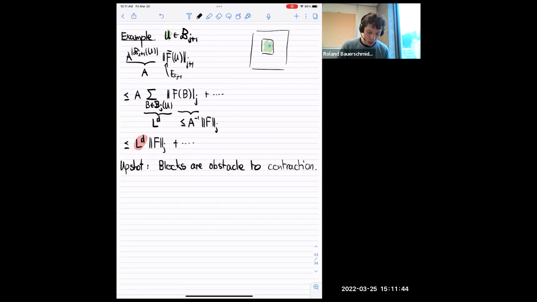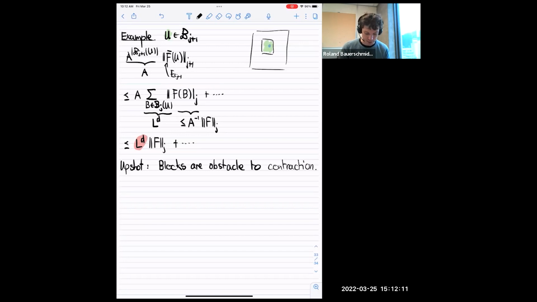And what we saw is that when you do that, you see a factor L to the D coming up, multiplying the norm of the previous scale activity F. And this factor L to the D is just the combinatorial factor from the number of ways of placing a j block inside a j plus 1 block.